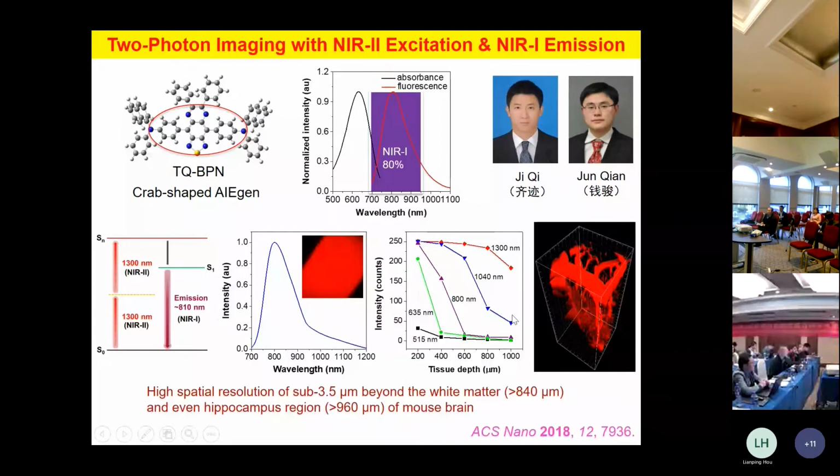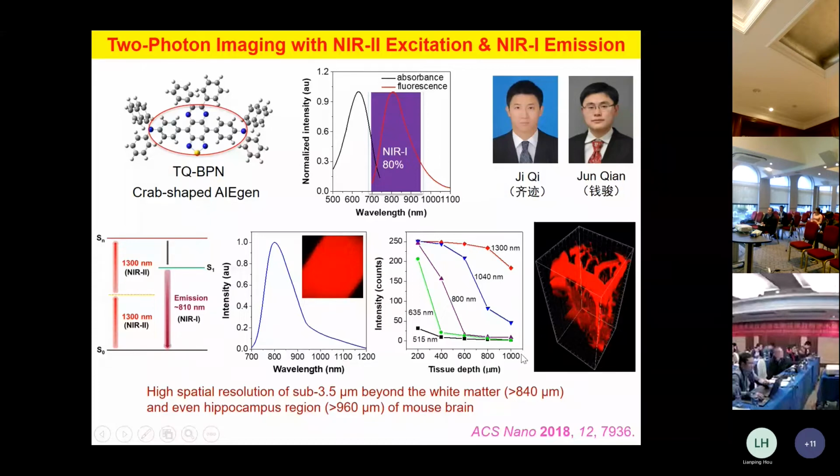If you use this long wavelength to excite, you get a very strong signal. But if you use a short wavelength to excite, the signal is very weak. Also this long wavelength excitation enables very deep penetration, so you can have this 3D imaging of the mouse brain structure.